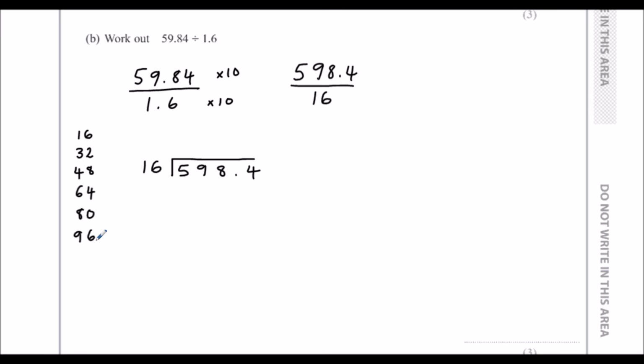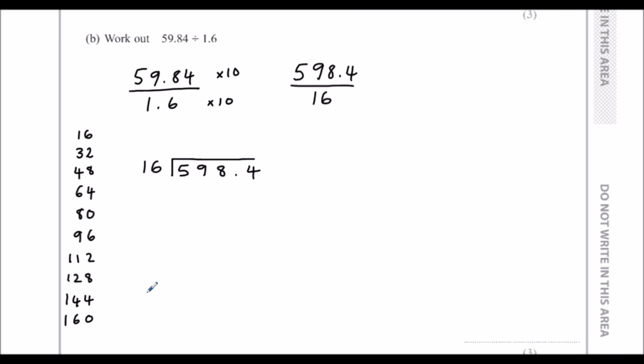One more 16, so add on 4 to get to 100, and then 12 more, so 112. That's 7 16s. 8 16s is double 4 16s, so 128. 9 16s, so one more 16 on here. So add 12 to get to 140, and then 4 more. And 10 16s is 160. So that should make it a lot easier.